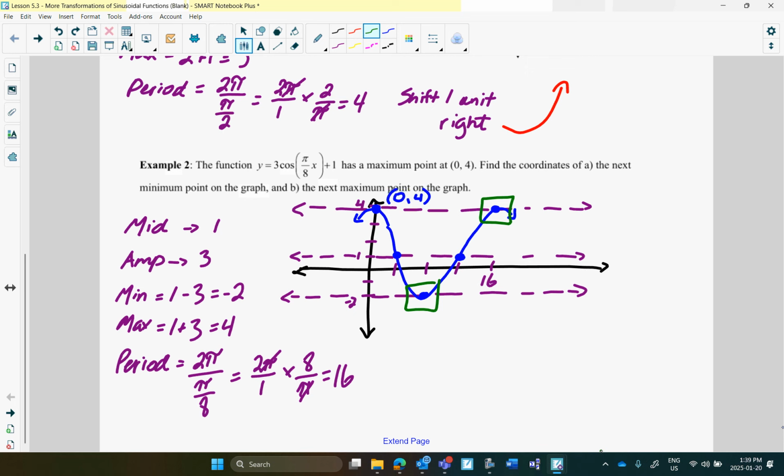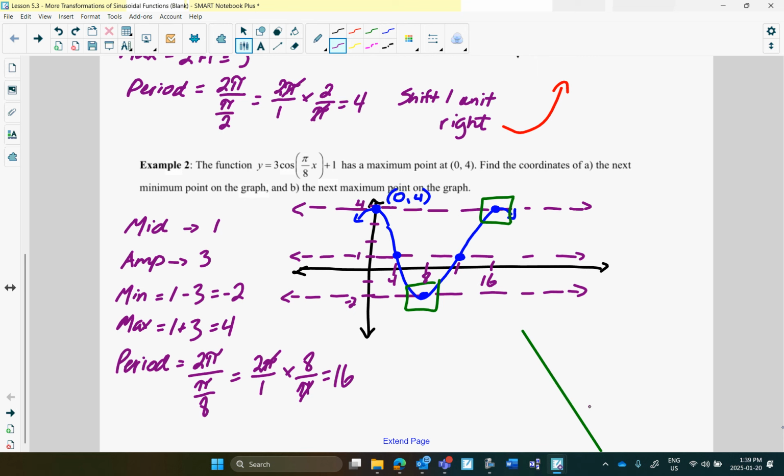So I need to figure out these notches here. What's the value of this notch? 8, because it's half of 16. What's the value of this notch? 4, because it's half of 8. So everything's going up by 4 on the x.